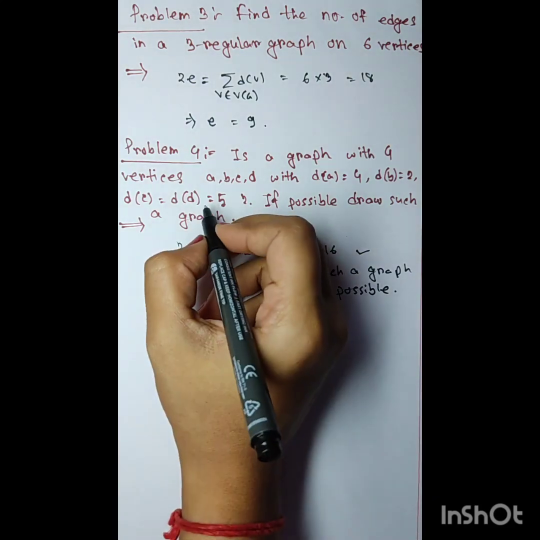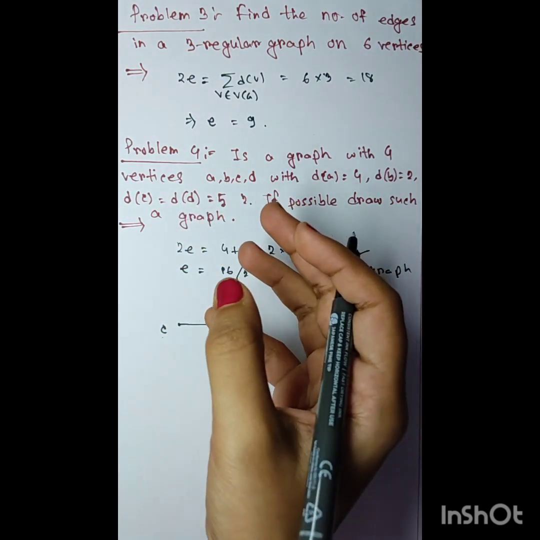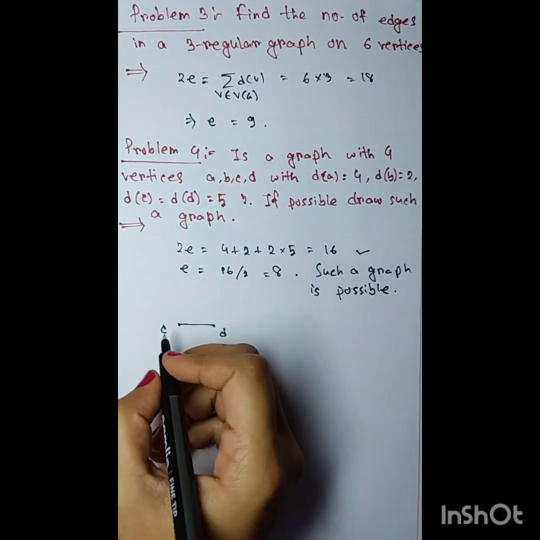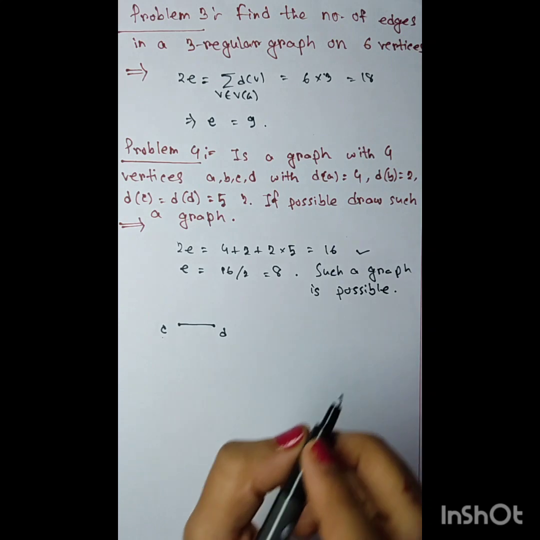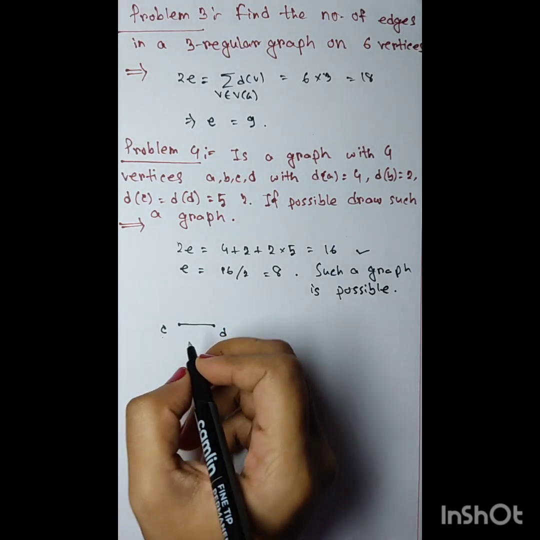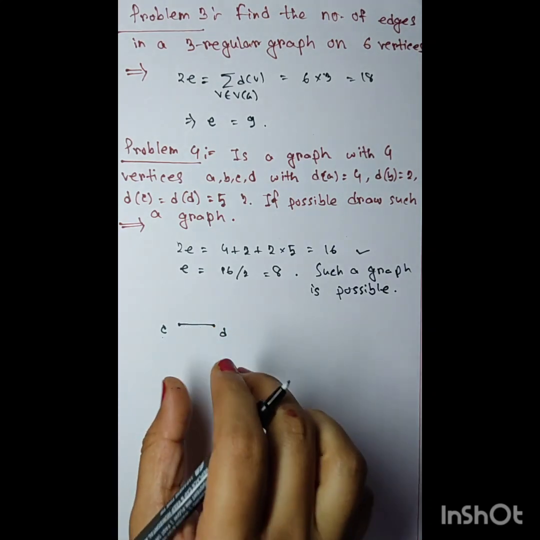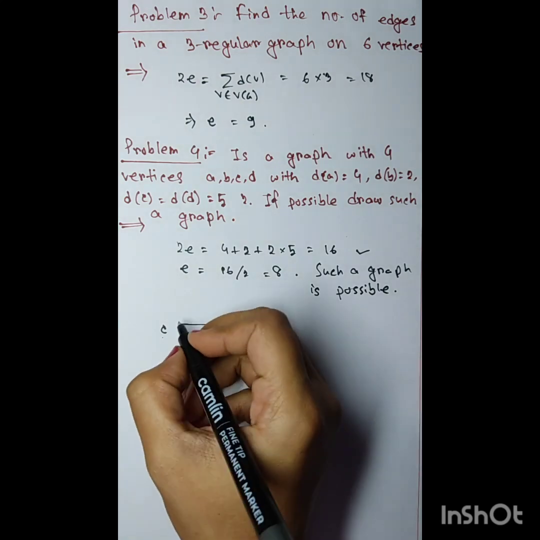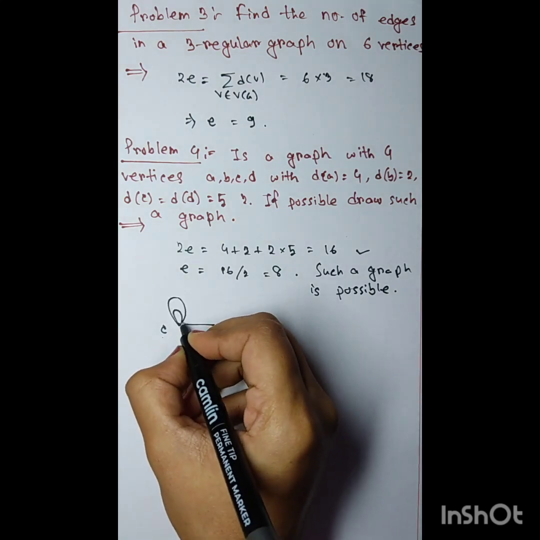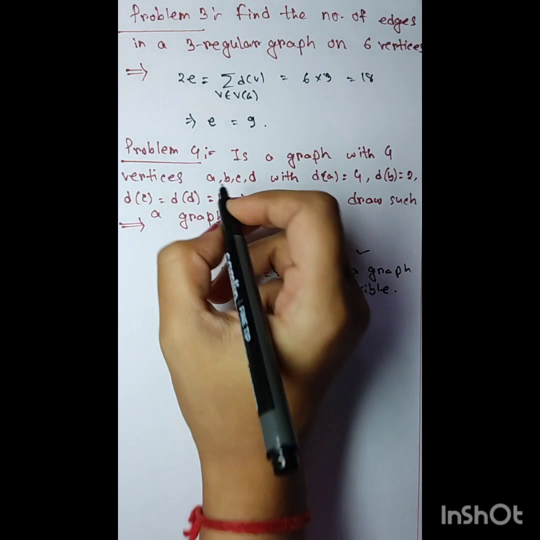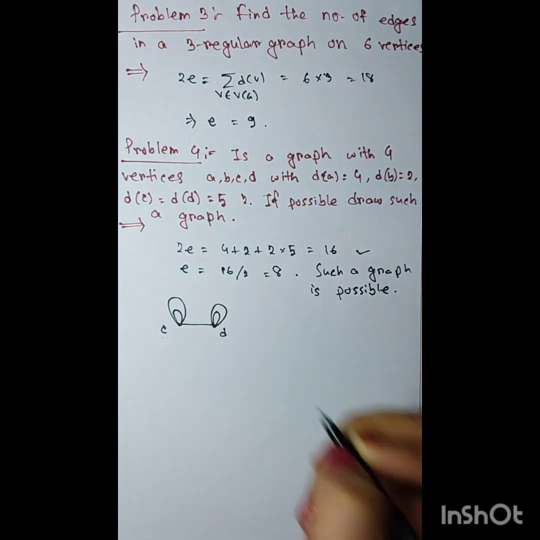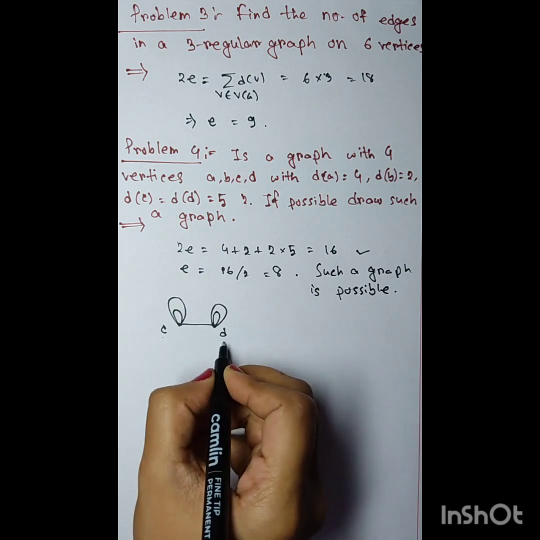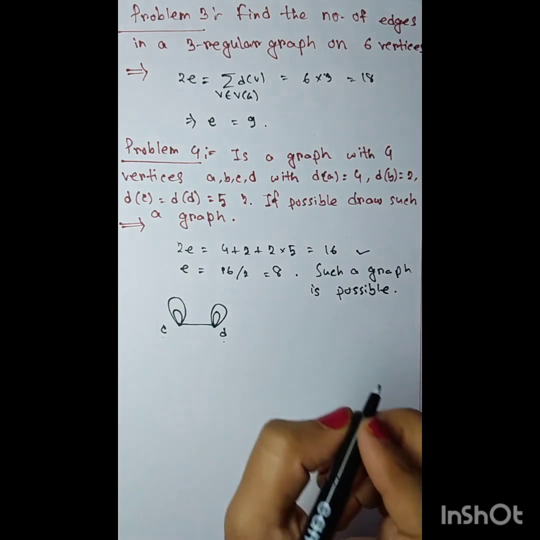For C there is degree 4 left, and for D there is degree 4 left. So we can draw some loops to get this extra degree. We have to draw 2 loops here to get degree 5 for C, and here also we will draw 2 loops. So now degree of C and degree of D are both 5.